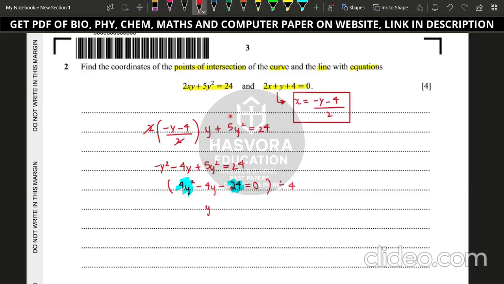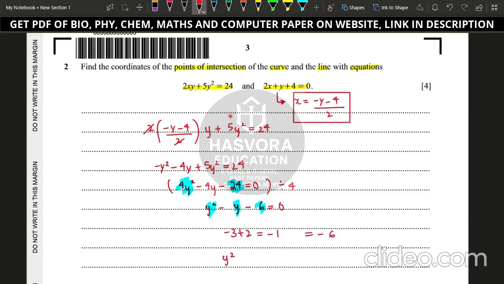This becomes y square minus y minus 6 equals 0. So what factors will give us minus 6 as a product, and add up to give us minus 1? Let's see. If I do minus 3 plus 2, it is going to become minus 1, and if I multiply them, it is going to become minus 6. So these are going to be our factors.